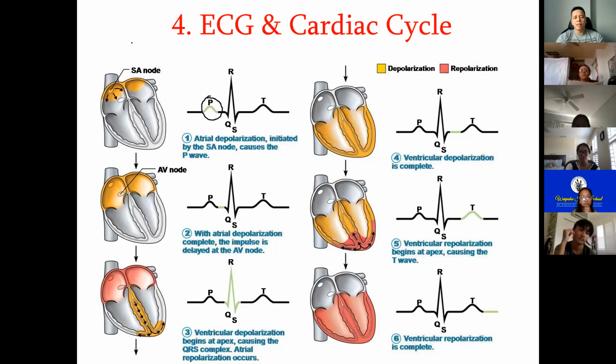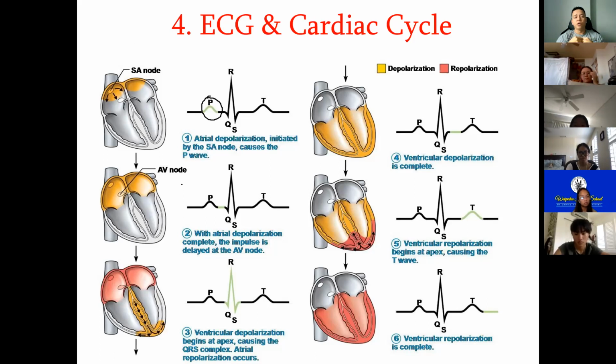Now, as soon as the atria become depolarized, the atria will contract, squeezing the blood from the atria into the ventricles. Then what needs to happen here with the atria? The atria needs to repolarize. And when the atria repolarize, what does repolarization mean? Repolarization means that now the sodium channels will close again, and it's going to stop the influx of sodium inside of the cell.